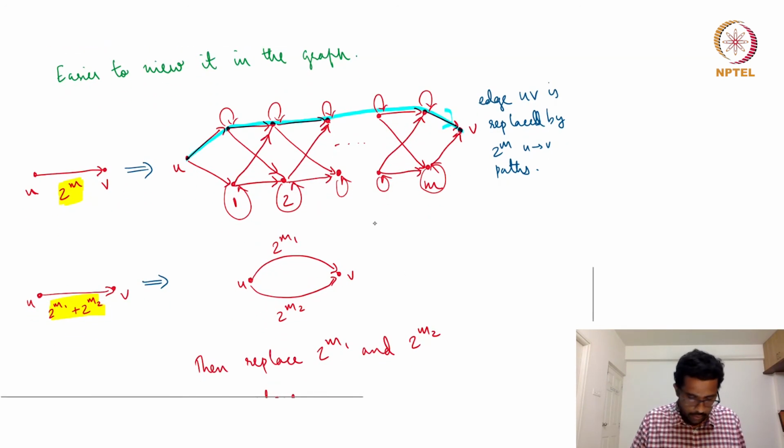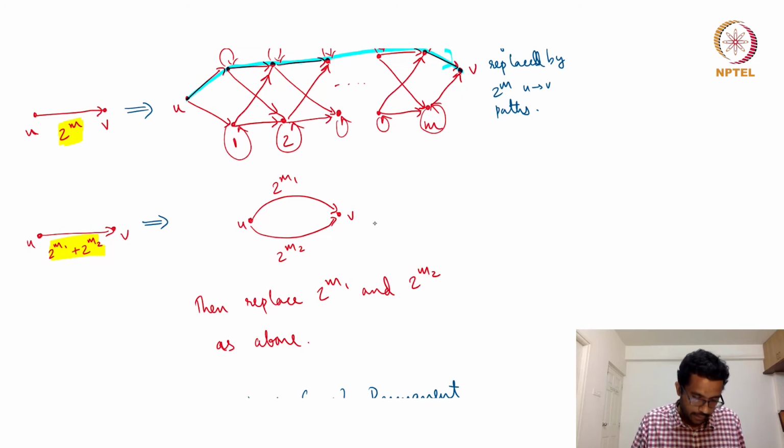Okay, so now let's come back to this. What if an edge has a weight that is not a power of 2? Let's say 2^m1 plus 2^m2. Well, what we can do is just see it as two parallel edges, an edge of weight 2^m1 and an edge of weight 2^m2, and then replace each of these edges with the corresponding network that we saw.